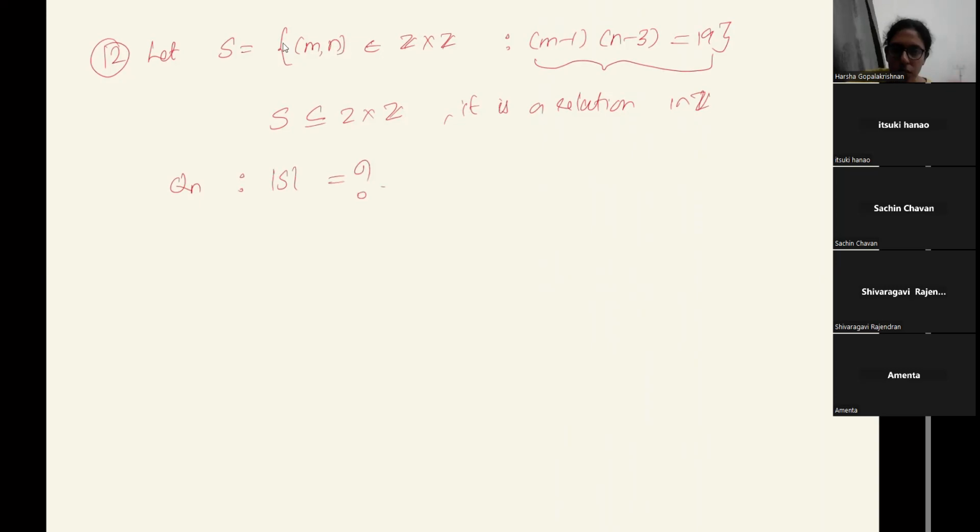So what are all the possible pairs (m, n) such that (m minus 1) into (n minus 3) equal to 19? Basically we need to evaluate this condition. If the product is 19, what are all the possible values for m minus 1 and n minus 3?